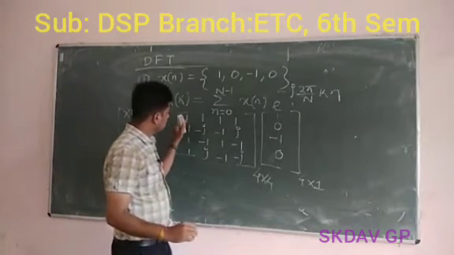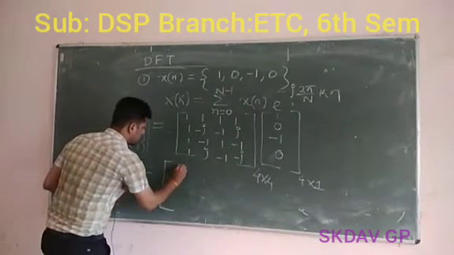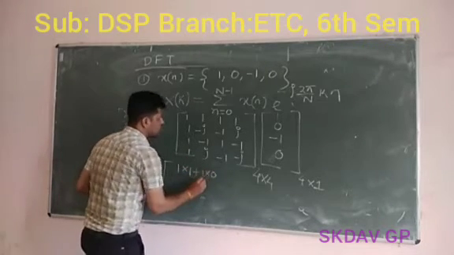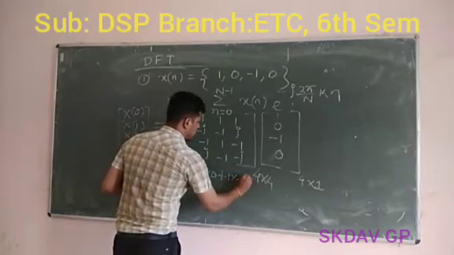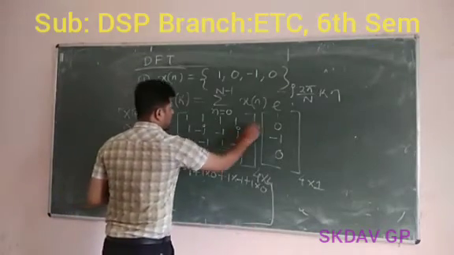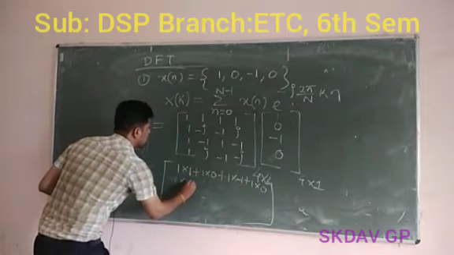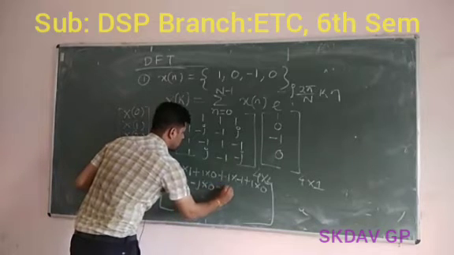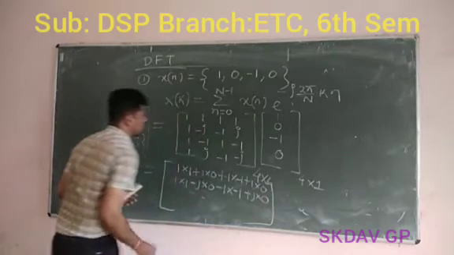So take the first row and multiply it with the column of the second matrix: 1 into 1 plus 1 into 0 plus 1 into minus 1 plus 1 into 0. In a similar way, the second row: 1 into 1, minus j into 0, minus 1 into minus 1, plus j into 0.